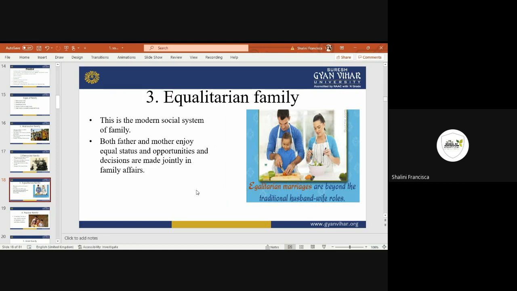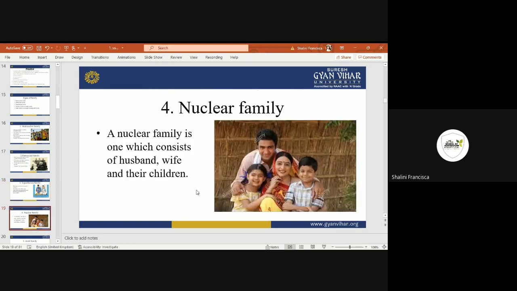Both father and mother enjoy equal status and opportunity, and decisions are made jointly in family affairs. Then we come to the fourth type of family, that is a nuclear family. A nuclear family is one which consists of husband, wife, and their children.